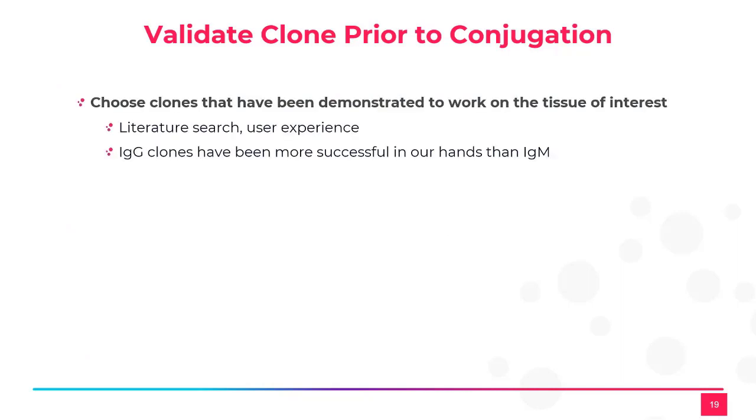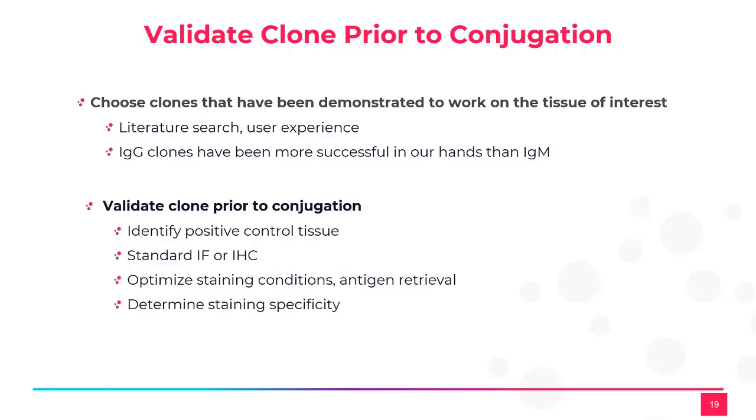Now, when you're choosing a clone, please choose one that has been demonstrated to work on your tissue of interest. And a great place to start is to do a literature search. In our hands, we found that IgG clones have been more successful than IgM. And you want to validate the clone prior to performing a conjugation reaction.